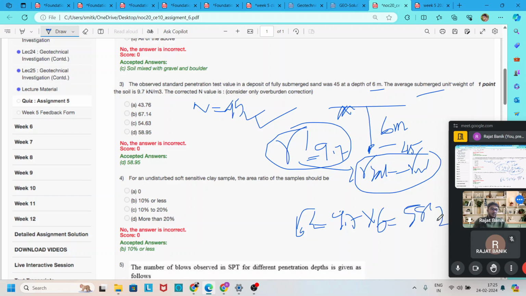You have to remember this unit should be in kilonewton per meter square.